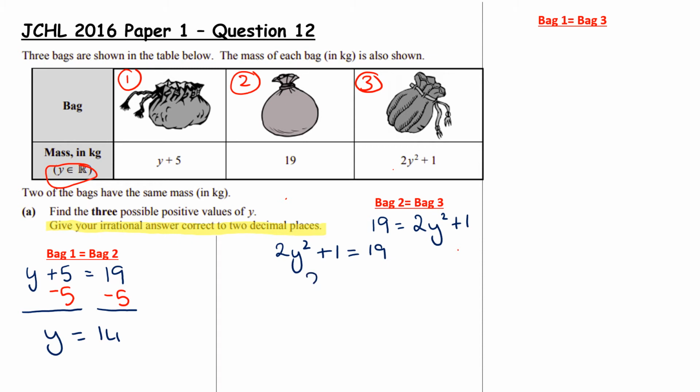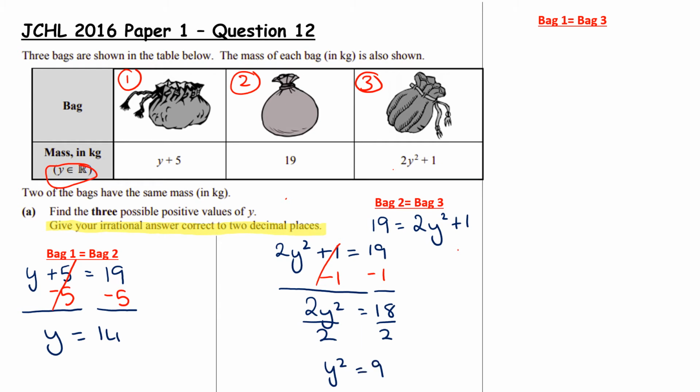So we get 2y squared plus 1 equals 19. I'll do vertical balancing here, so I'm going to take away a 1 from both sides. And when I take away a 1 from both sides, I get 2y squared equals 18. Divide both sides by 2 and you get y squared equals 9.